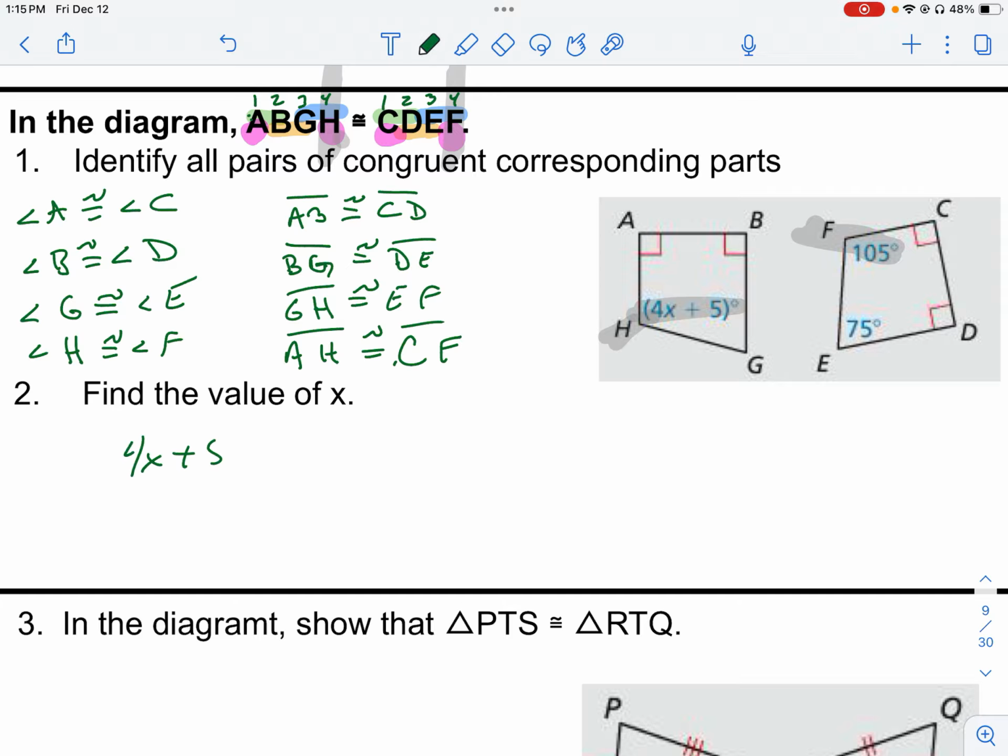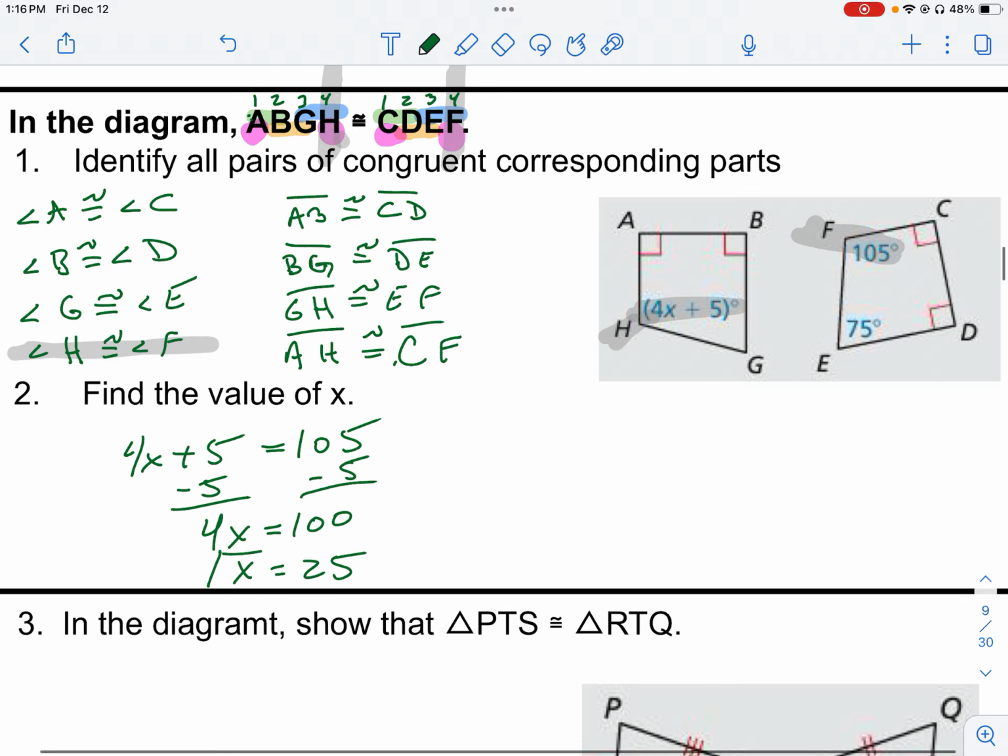So 4x plus 5, and it's also here because we already identified it, equals 105, because to solve for x we need an equal sign. Then we're just going to do some really simple algebra and solve for x.